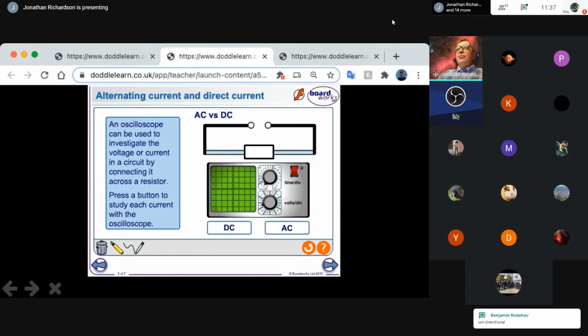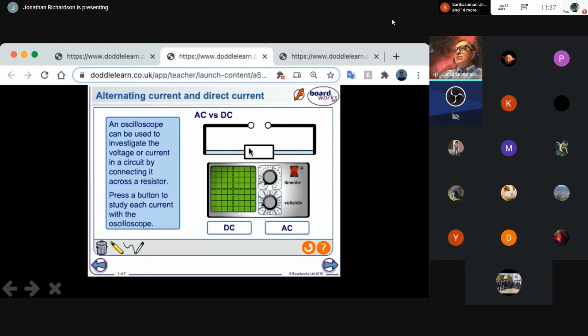So we consider it unidirectional, good. So it is to do with the flow of electrons. And an oscilloscope, which I think I showed you during the last lesson, is a glorified voltmeter. When I switch this on, I can measure the voltage across this resistor.